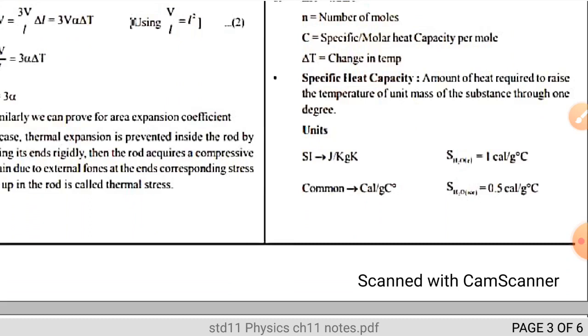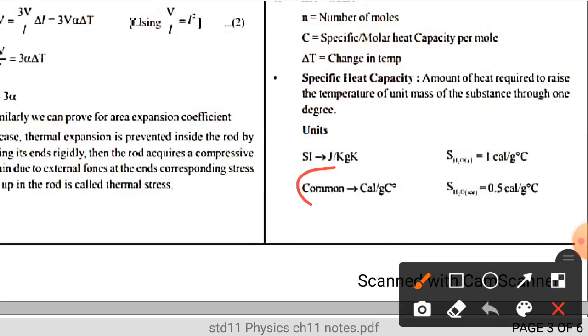So the SI unit of specific heat capacity is joule per kilogram Kelvin. And the common unit that we use in day to day life is calorie per gram degree Celsius. The specific heat capacity of water is 1 calorie per gram degree Celsius, right?